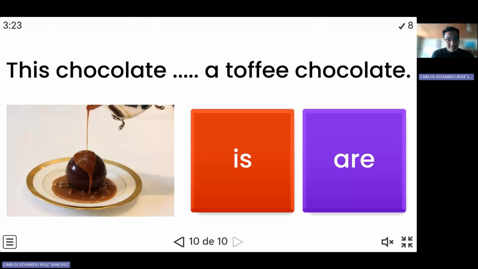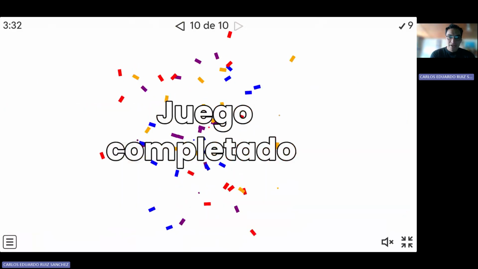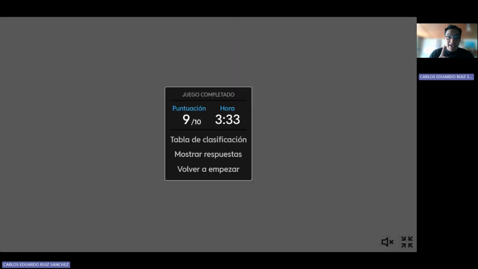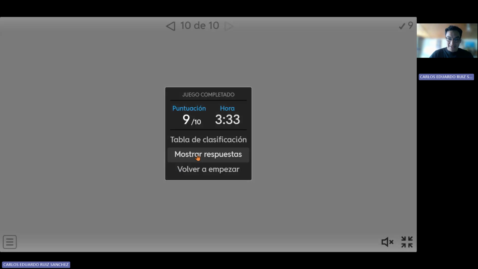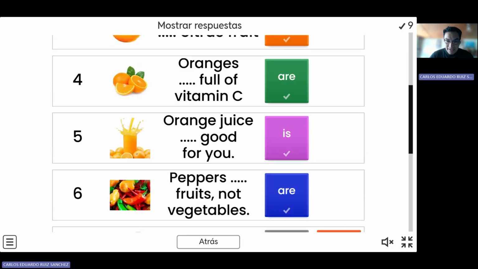This chocolate, a toffee chocolate. Wow, is or are? I can watch just one, so I'm going to select is. Yes, that's all. So I got one mistake.